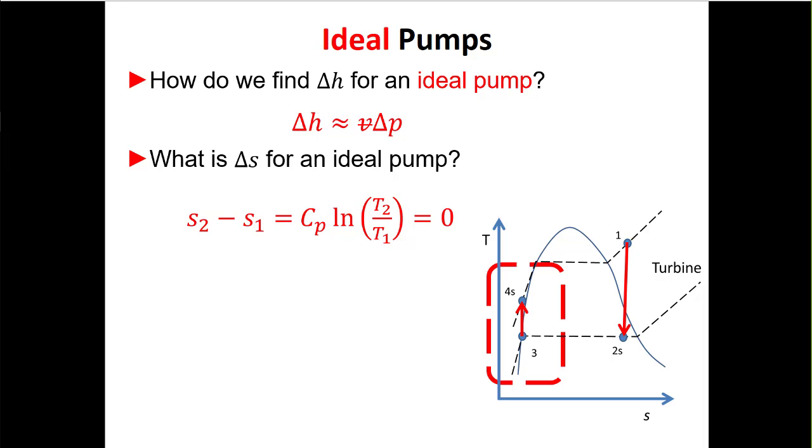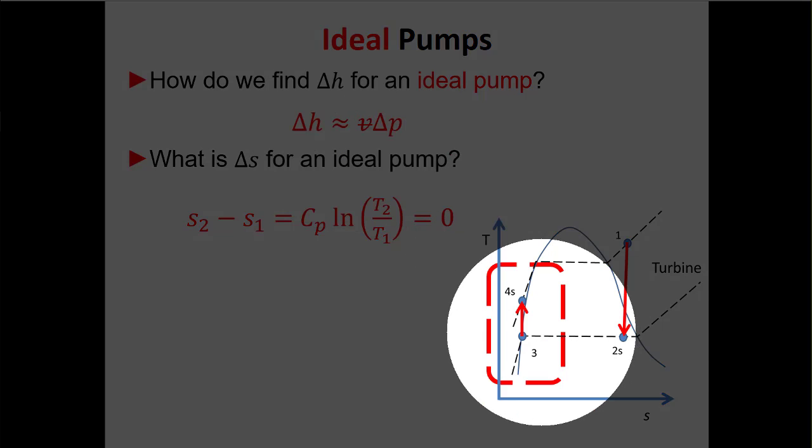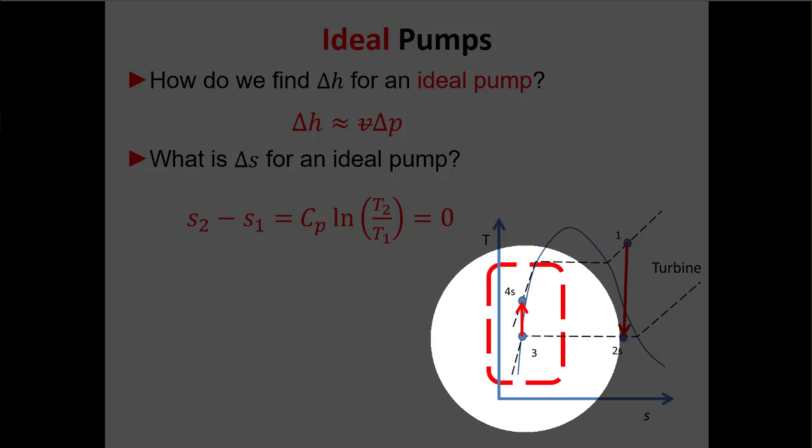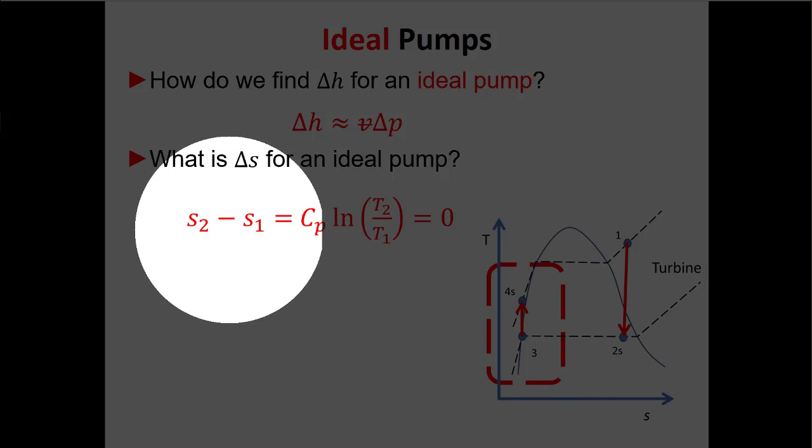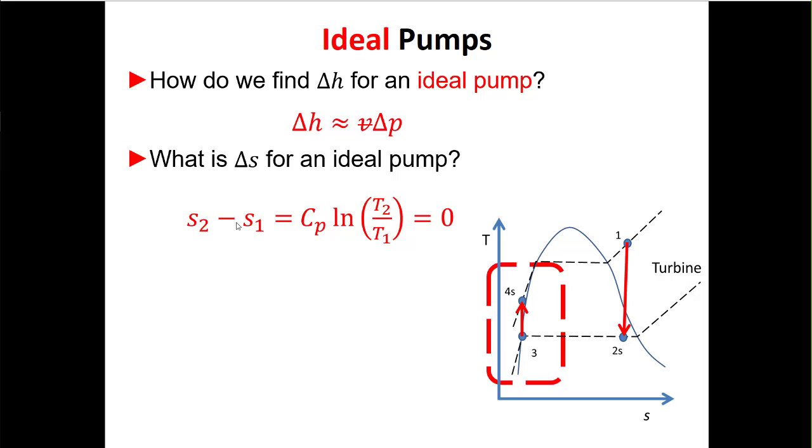Because I'm subcooled liquid at both ends, or maybe saturated liquid at the inlet, but that's okay, there's still no vapor, nothing compressible in the system. Then I can model delta S as Cp times the natural log of T2 over T1. Or in this case, it would be T4S over T3 if I was trying to find S4S minus S3. But if you take the natural log of 1, you'll find that the answer is 0.